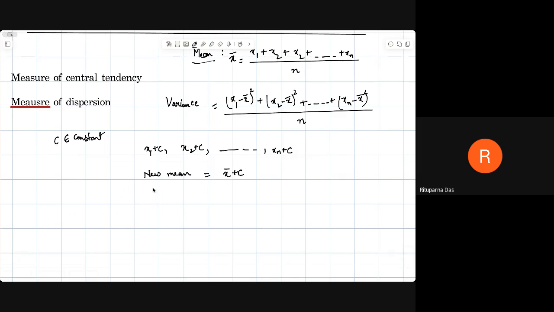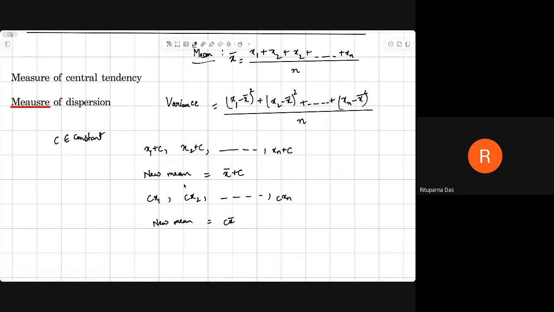If you multiply it, cx1, cx2, cxn, then the new mean will be c x bar.